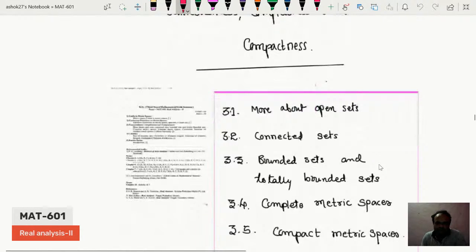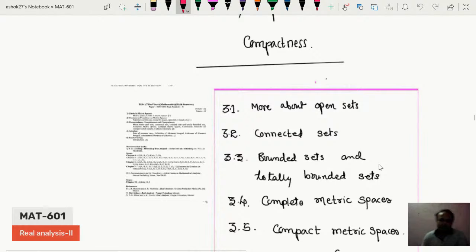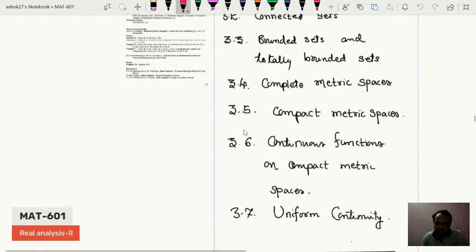In this chapter we'll see, first, more about open sets, then connected sets, then bounded sets and totally bounded sets, complete metric spaces, compact metric spaces, continuous functions on compact metric spaces, and uniform continuity. So in total 7 points we'll see in the chapter.